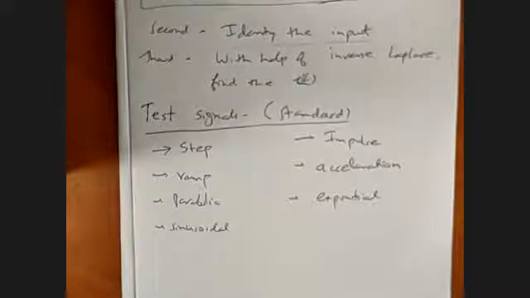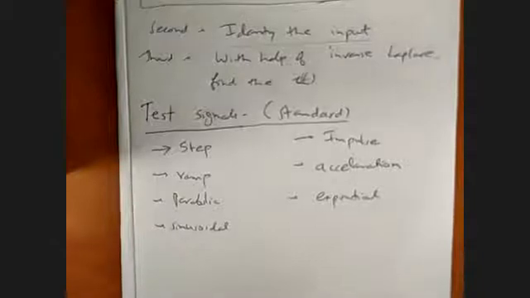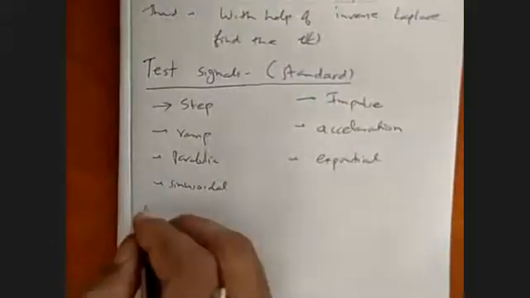So these are the basic names which we are using that indicate the behavior of the system input with respect to time. So first we are discussing the step input. As the name suggests, its nature is like this, a step.